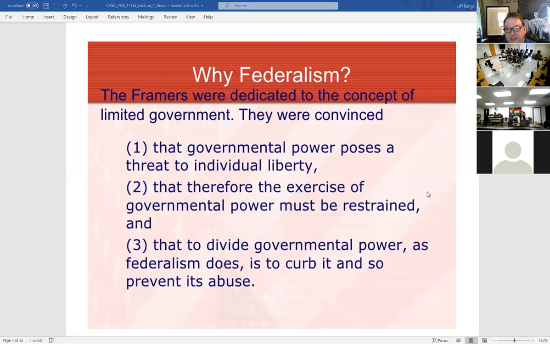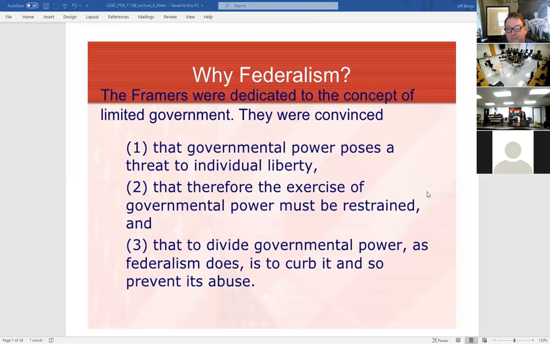So that leads to the second principle of limited government. Governments, when they exercise their power, they must be restrained. Something must be there to keep a check on them from becoming too powerful and abusive.